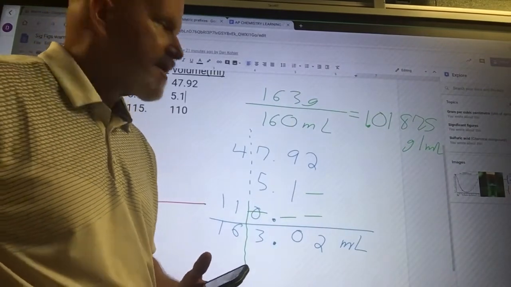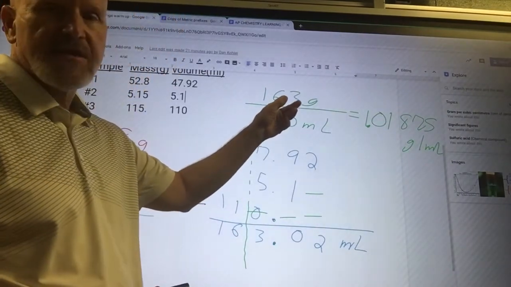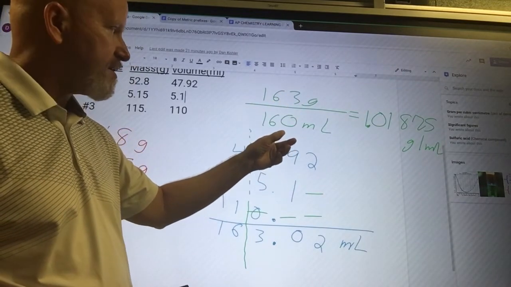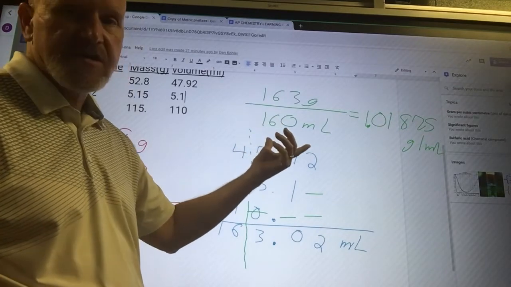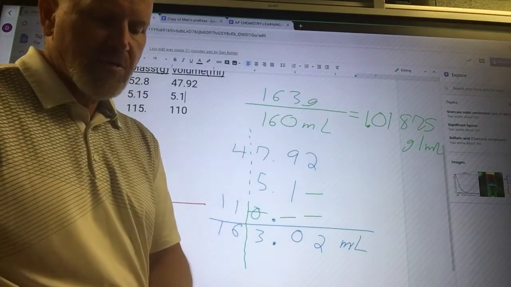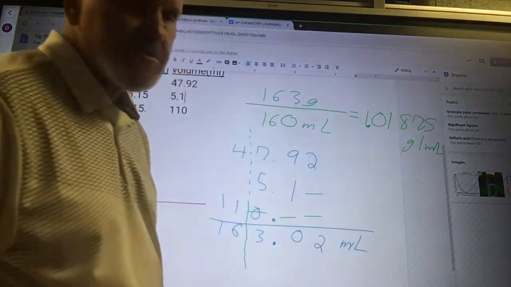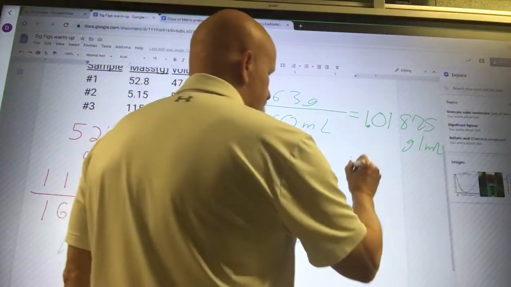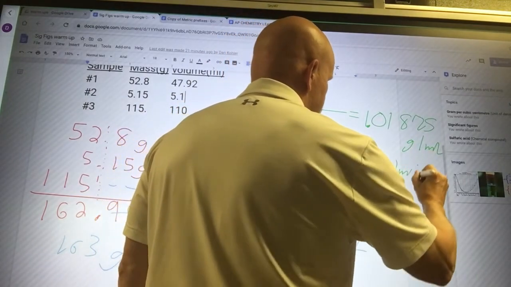All right, now how many of those numbers can I actually keep? Well, the 163 had 3 sig figs. The 160 had only 2 sig figs that I know for sure. So what do I have to do with this right here? I have to only keep 2 sig figs in my answer, so I'd say 1.0 grams per milliliter.